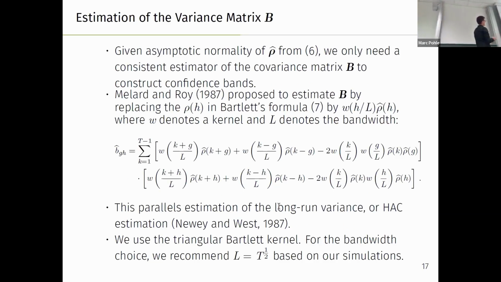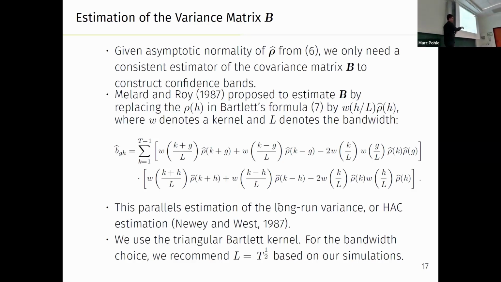This formula multiplies some weights in front of the empirical autocorrelations. W is a kernel here.